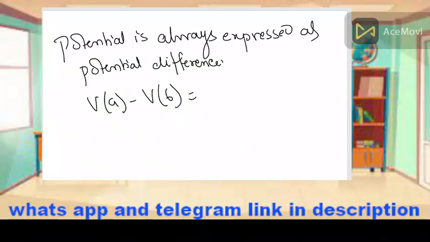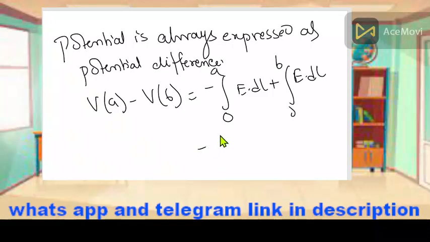So we can define VA minus VB as the integral from the reference point to point A of E dot dl, minus the integral from the reference point O to B of E dot dl. You evaluate the integrals, and finally it will be the integral from A to B of E dot dl. So this is the potential difference.